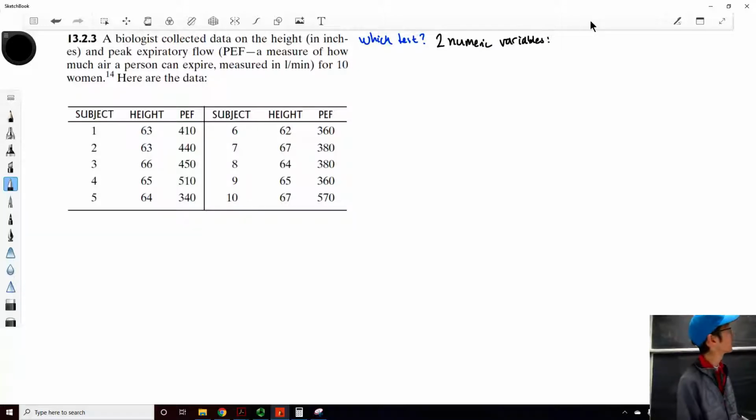So that means we are going to do correlation, right? Correlation. Okay. Shall we do some correlation?